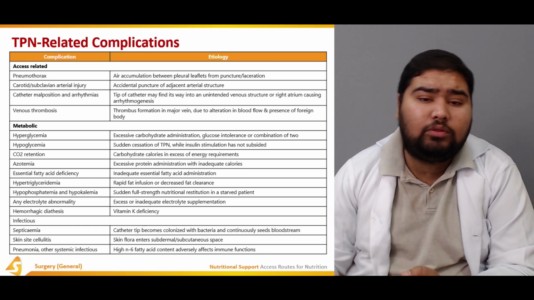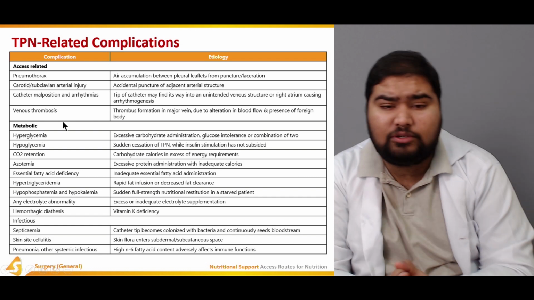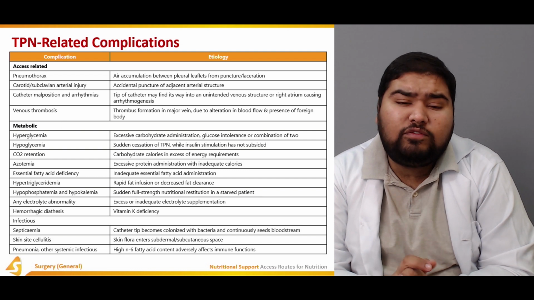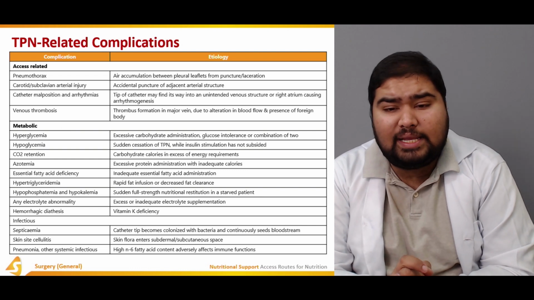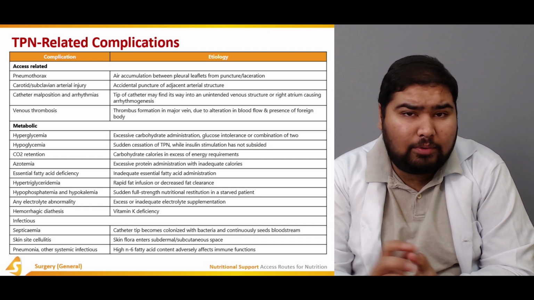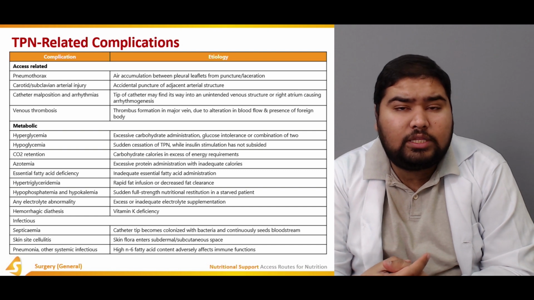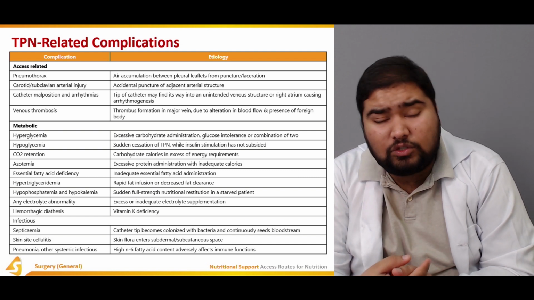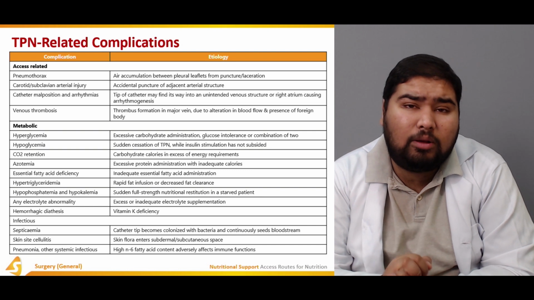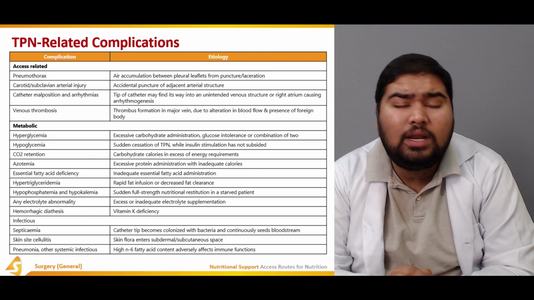Now let's talk about the metabolic complications of the total parenteral nutrition. So first of all, we have hyperglycemia. Hyperglycemia may occur due to excess carbohydrate administration, obviously, or due to glucose intolerance, or due to a combination of the two. This is the most common complication seen with total parenteral nutrition.